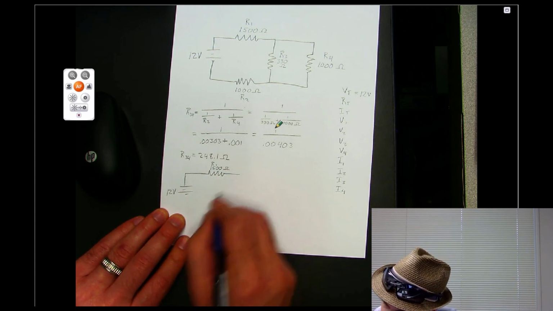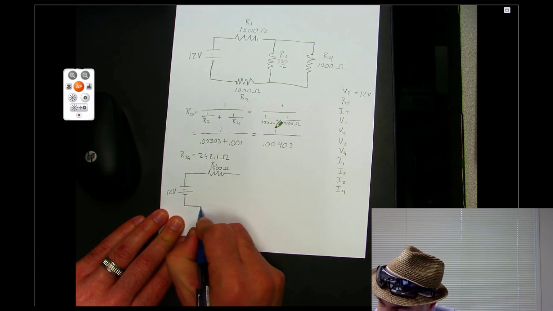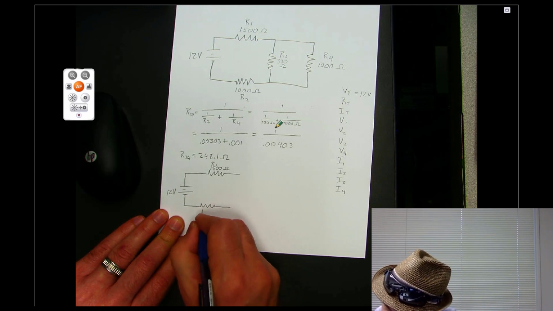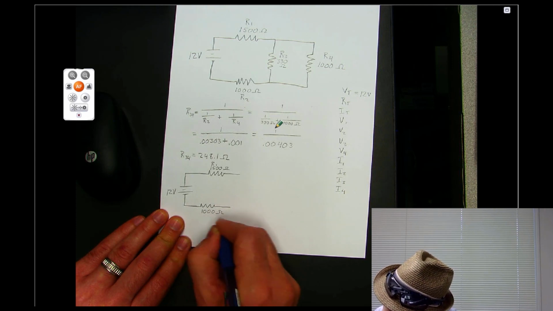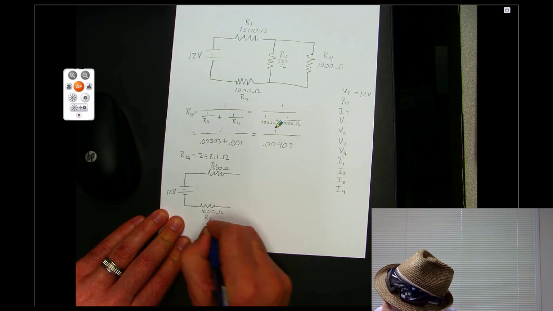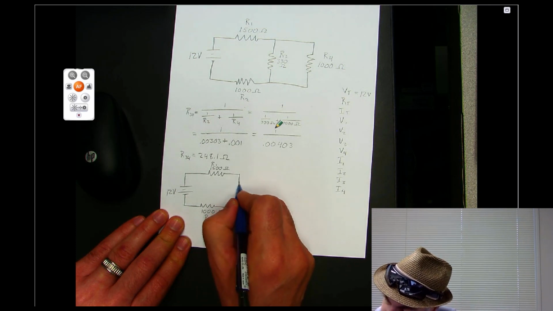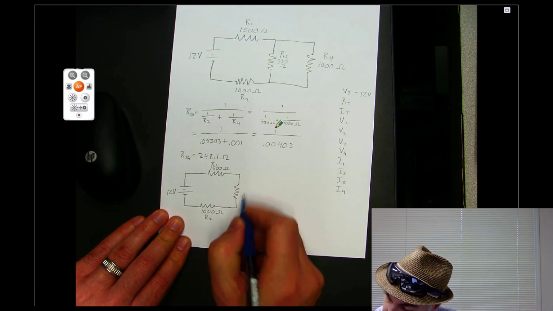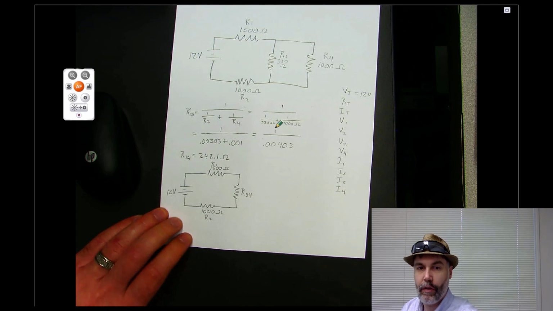On the bottom, we still have R2 is 1000 ohms. But now on the right, instead of having R3 and R4 separate, we just have a single equivalent resistance, which is R34, okay?